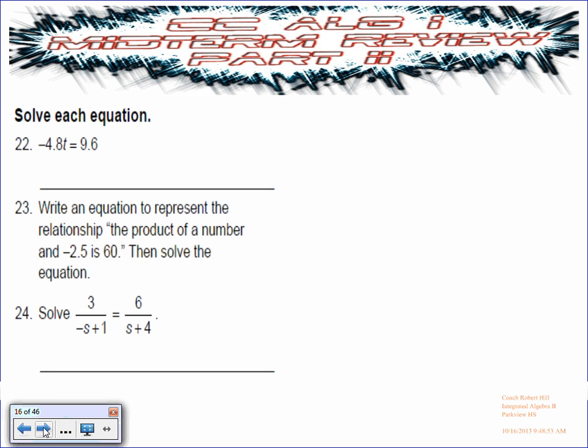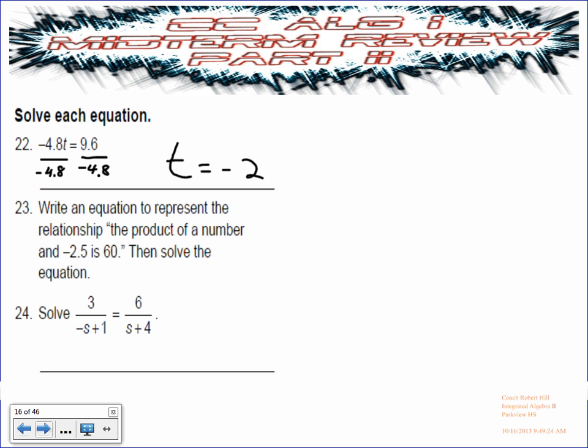In number 22, what would you divide by? Negative 4.8. Again, guys, be careful tomorrow if that's an inequality. Because if it's an inequality, the coefficient of the variable is negative, so you need to reverse the symbol. And this one, you really can't reverse an equal sign. So T is, very good, negative 2. 23, the relationship product is what?